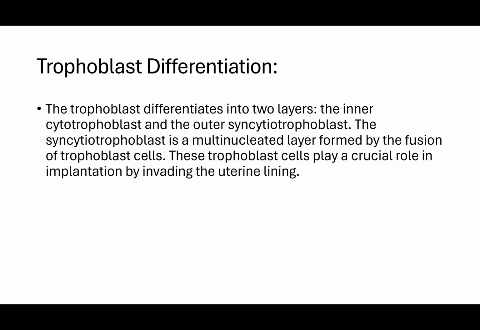The trophoblast differentiates into two layers, the inner cytotrophoblast and the outer syncytiotrophoblast. The syncytiotrophoblast is a multi-nucleated layer formed by the fusion of the trophoblast cells. These trophoblast cells play a crucial role in implantation by invading the uterine lining.